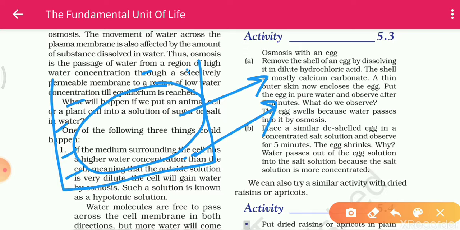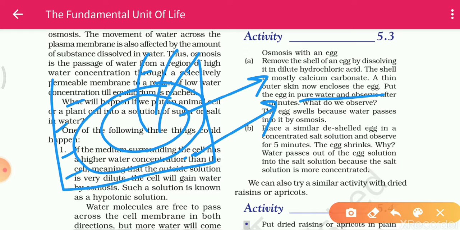Then the water which is present inside the egg will start to exoosmosis. Exoosmosis means the water comes out from this egg to the outside. That process is called exoosmosis. And in the first one, water comes inside the eggshell.